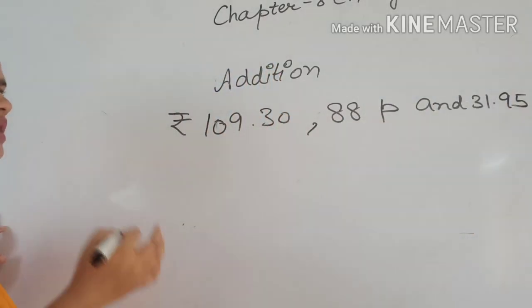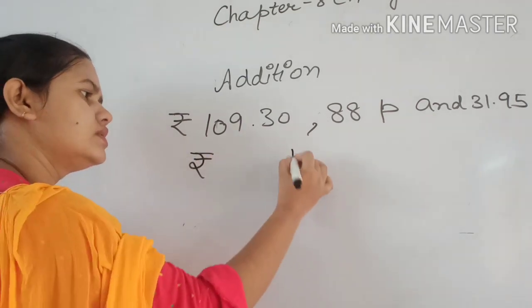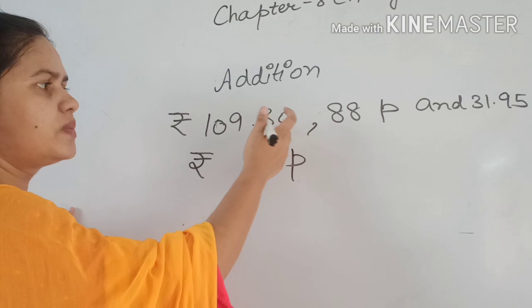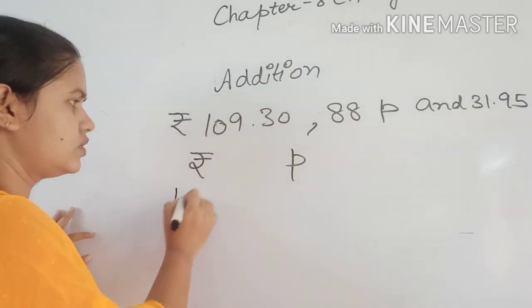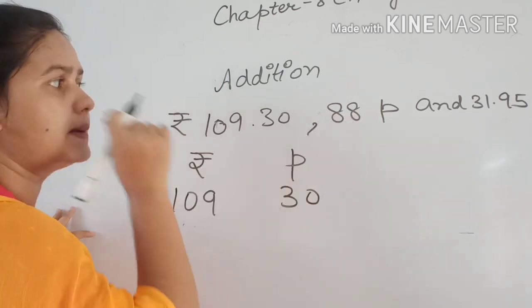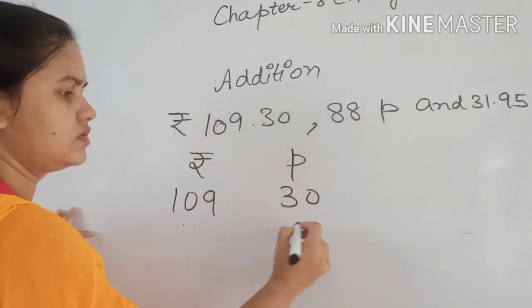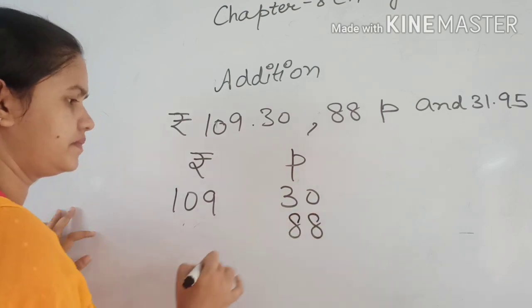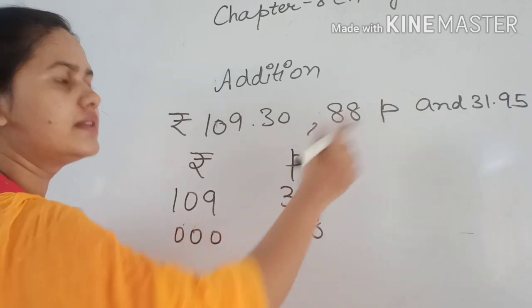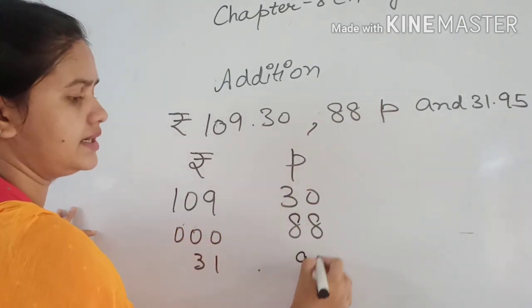Now simply we have to do it. This one is rupee, this one is paisa. 10930, and then 88 paisa. So 88 paisa will be here, and 000 will be here, and this one is 31 point how much paisa? 95.